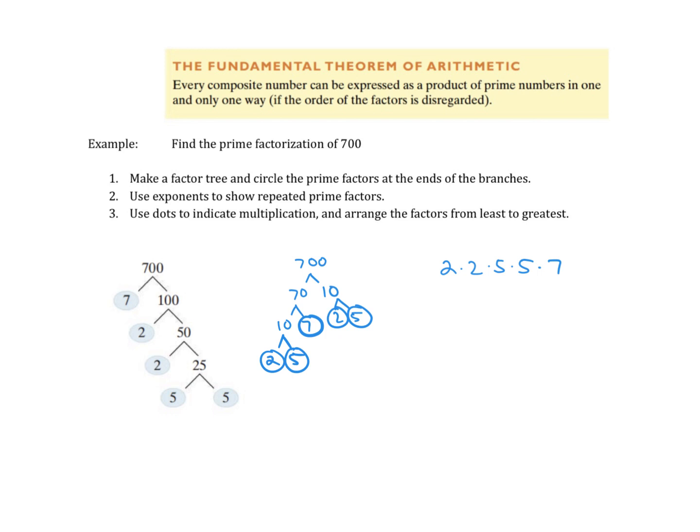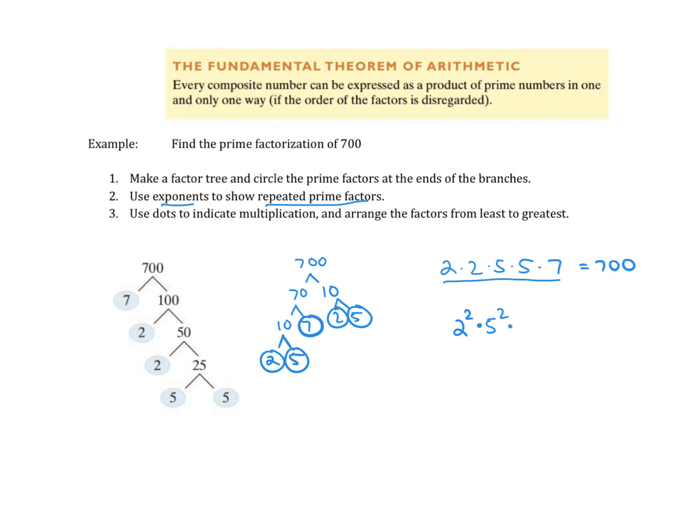Those are all the prime factors that you multiply together to get 700. If I multiply those together, I get 700. And notice I listed them in order. You are going to list them in order, and then we're going to use exponents to show repeated prime factors. Since I have 2 2's multiplied together, I'm going to do 2 to the second power. And then I have 2 5's, so I'm going to do 5 to the second power.